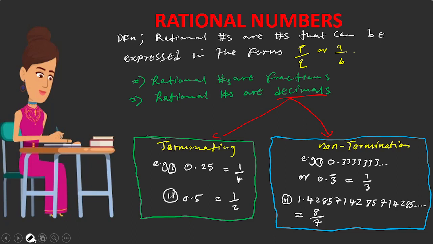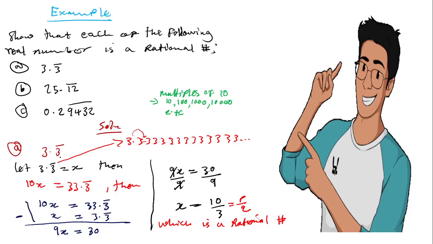Now since we want to express this guy into a fraction, we are going to say let x be equal to 3.3 bar, which is in our question there. Then because we have one decimal point, we want to get rid of this bar here. You are going to multiply it by 10x, because you have one decimal point.